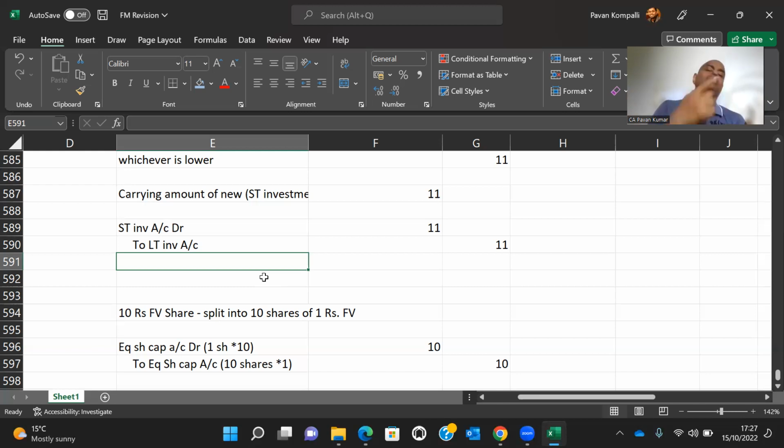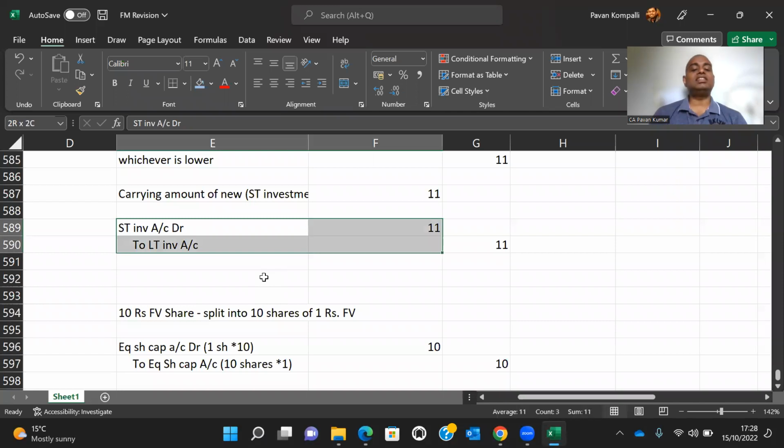When I purchased, that was long term. Now, if it is short term, do you think I will write investment in equity shares of Infosys account debit to investment in equity shares of Infosys account? No. But if it is required, this is the journal.